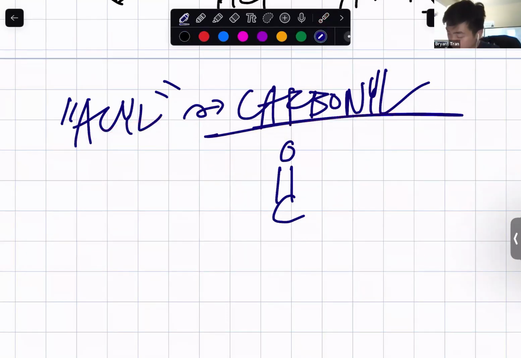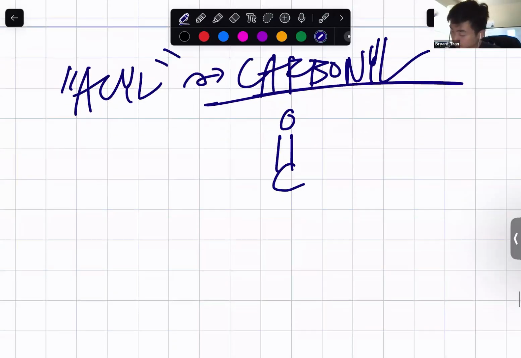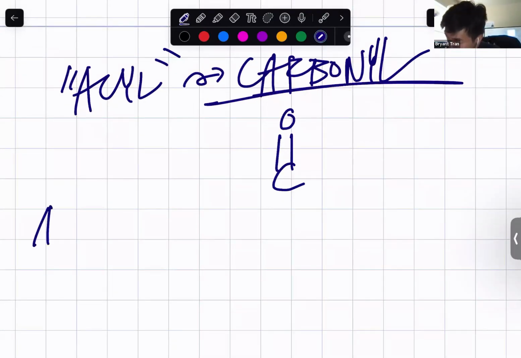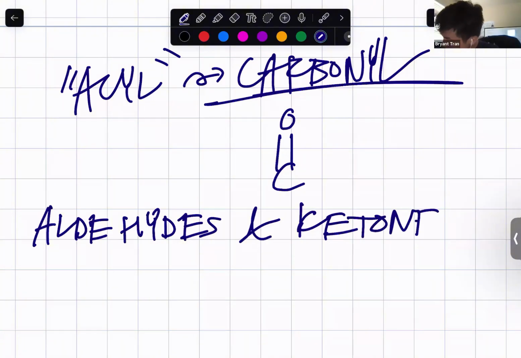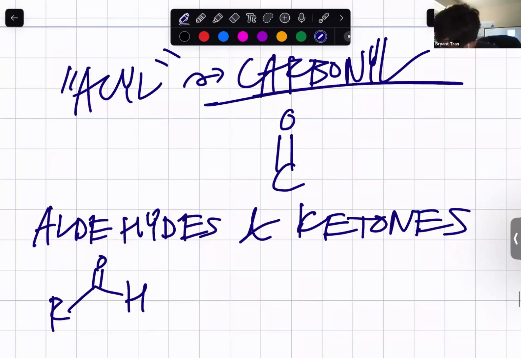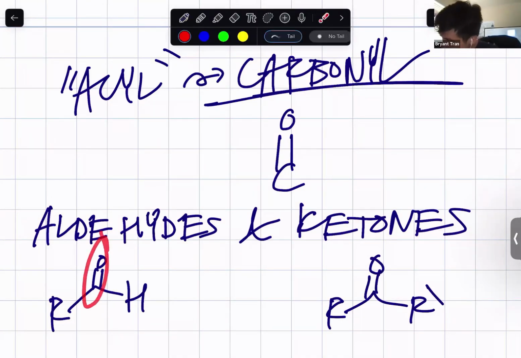And there's 2 carbonyls that you will learn at the end of this quarter, 118B. You're going to learn about aldehydes and ketones, right? Which are chapter 17 and 18, right? Aldehydes look like this. Ketones look like this, right? Both have carbonyls or acyl groups, carbon double bonded to oxygen.